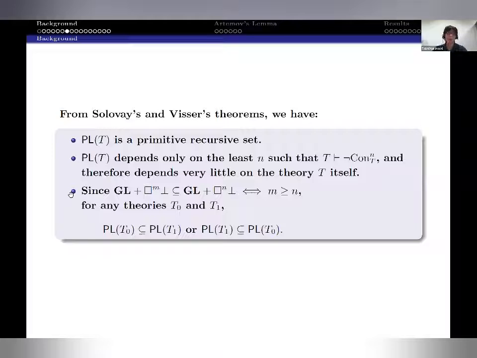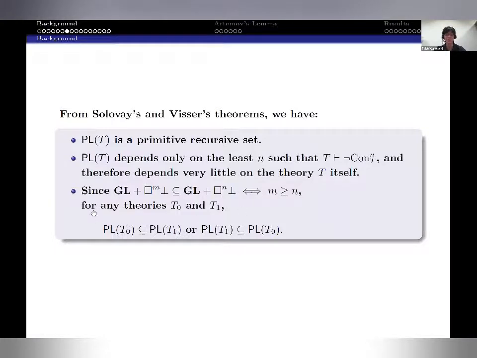And it is easy to show that GL plus box and bottom is a sub-logic of GL plus box and bottom if and only if M is larger than or equal to N. So it follows that the propositional provability logics are linearly ordered.